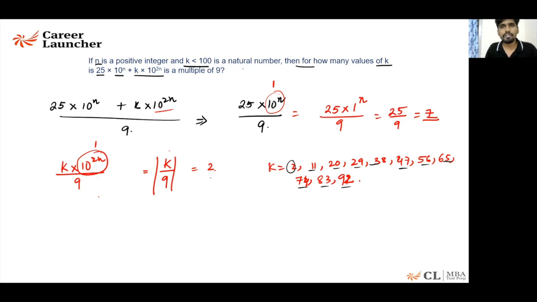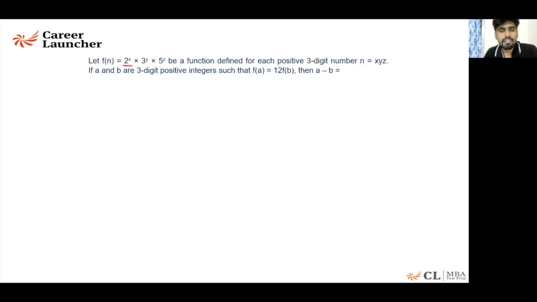Let f of n be equal to 2 power x, 3 power y, 5 power z, which is a function defined for each positive 3-digit number n of the form xyz. It is given that a and b are 3-digit positive integers such that f of a is equal to 12 times f of b, and we have to find what is a minus b. What you can do over here is assume any 3-digit number.